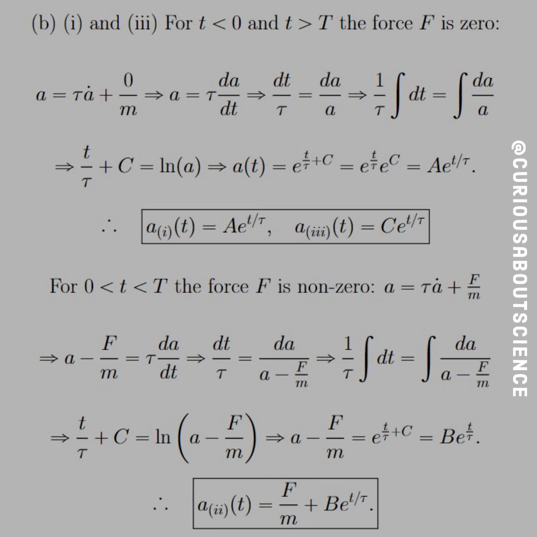So if we solve this, A minus F over m is equal to e to the t over tau plus c, which is equal to b times e to the t over tau. Pushing it through and solving for A, we get F over m plus b e to the t over tau. Pretty easy there. Go back to diff EQ if we have a problem.